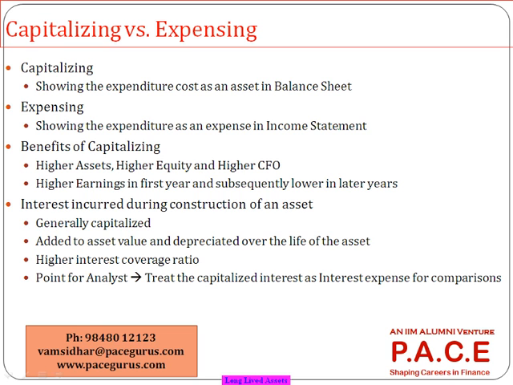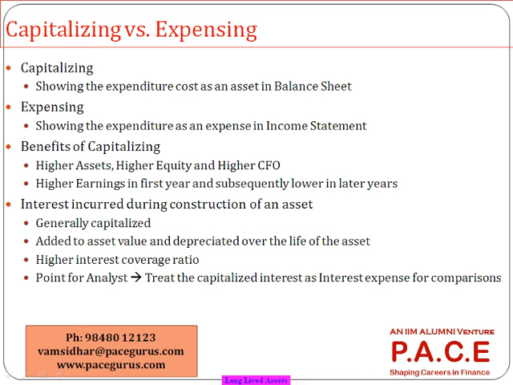So all those things, whatever I am spending on them, there are two ways of showing them in the financial statements. One is I can show them in the balance sheet as assets. The other is I can show them in the P&L or income statement as an expense.